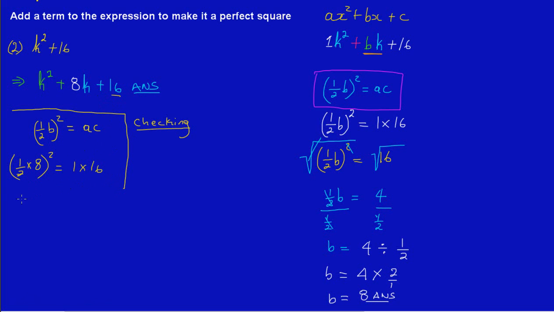So a half of 8 is 4, and I square that, and that must be equal to 1 times 16, which is 16. And if you look, 4 squared, 4 times 4 is 16, and that is equal to 16. So we have checked, and we realize that this is correct. So b is 8.